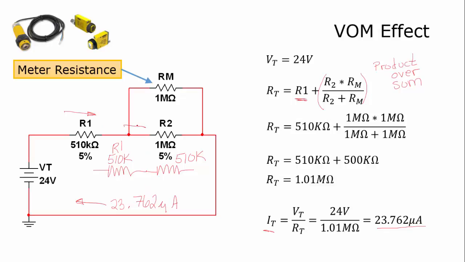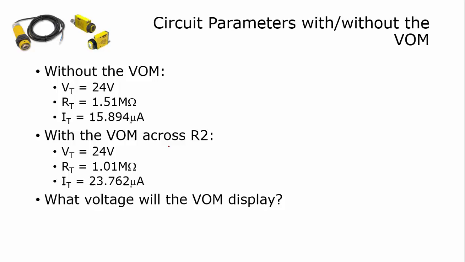That current's then going to divide up here and join up on this side and continue traveling. But just for the fact that my current changed, this voltage is going to also change.